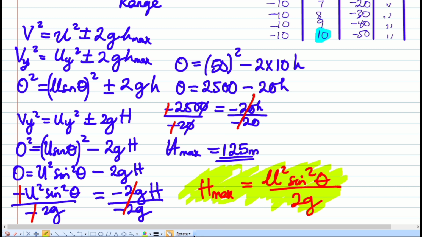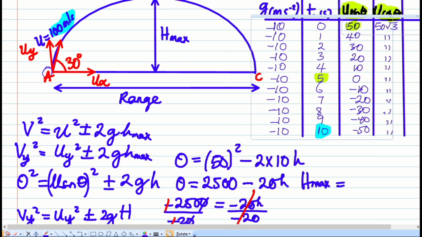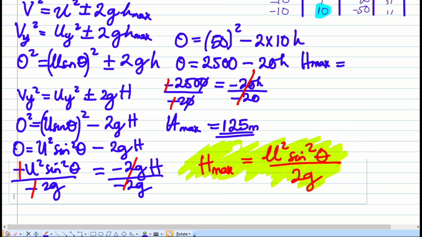Again, as our custom is to verify this formula, let's see whether we get the same 125 meters. We're going to plug in the values and see what we get. We have our maximum height h max equal to U squared. Remember from the original question, U is 100 meters per second. So we're going to put U as 100. So we have 100 squared times sine squared theta, where theta is 30 degrees.